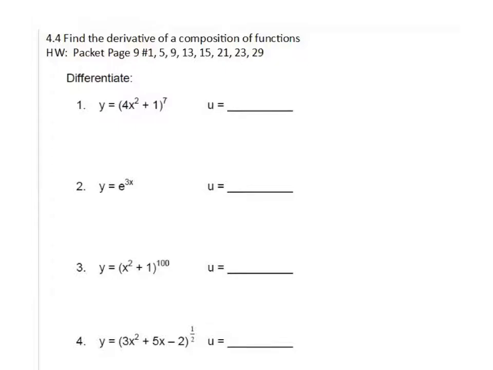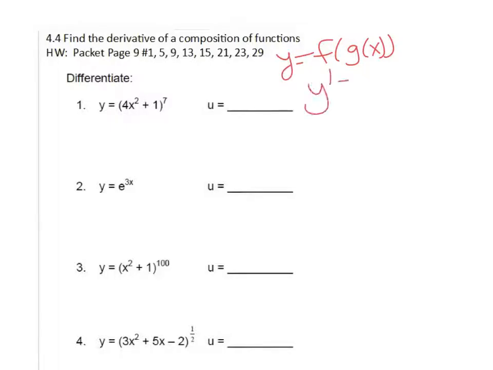So what we're going to do today is composition of functions. You can see here in our objective composition of functions. So what that means is when you have f of g of x as an equation, so we'll say that equals y.